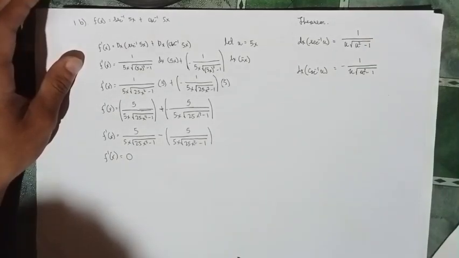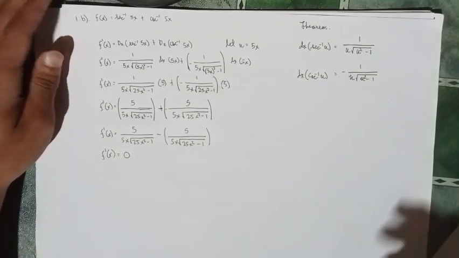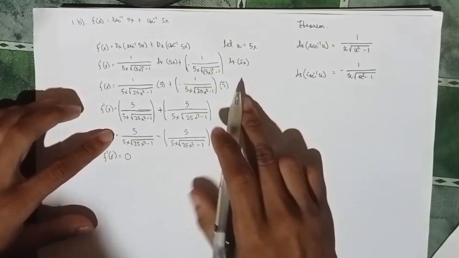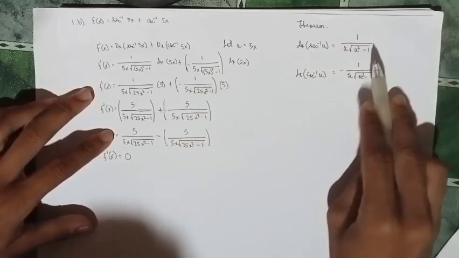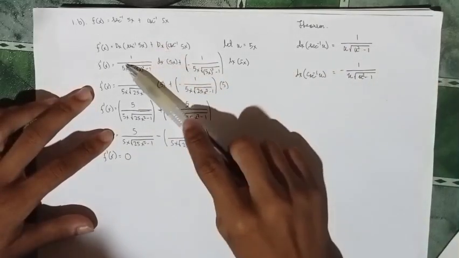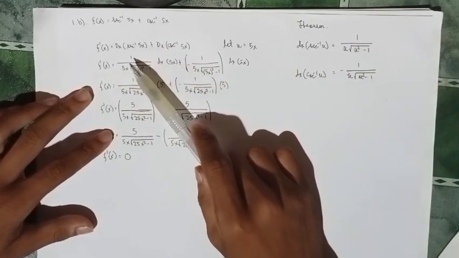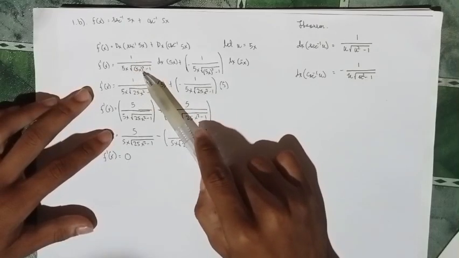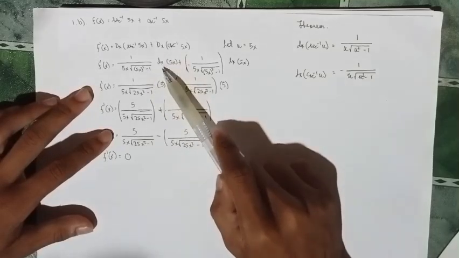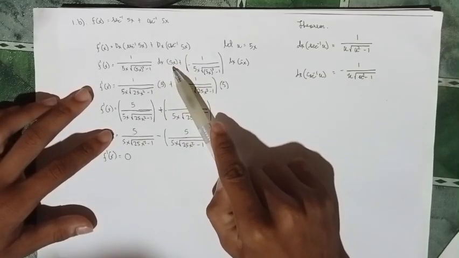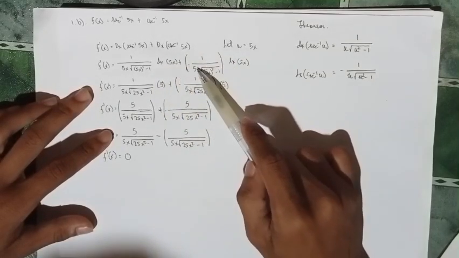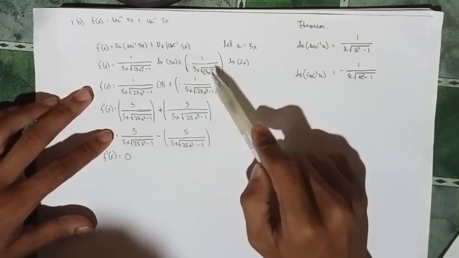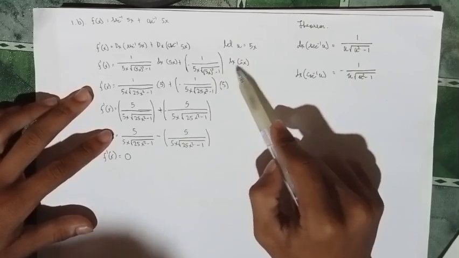After that, we have to substitute the u and use the theorems. So f prime of x is equal to 1 all over 5x square root of 5x squared minus 1 times the derivative of 5x, plus negative 1 all over 5x square root of 5x squared minus 1 times the derivative of 5x.